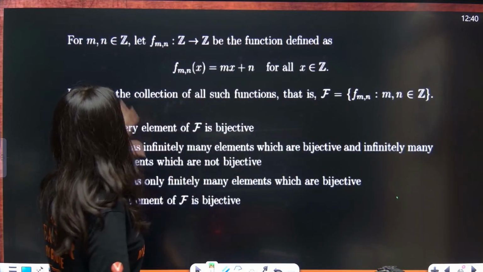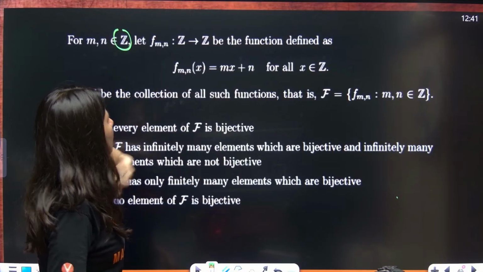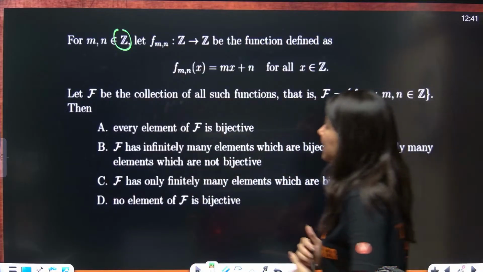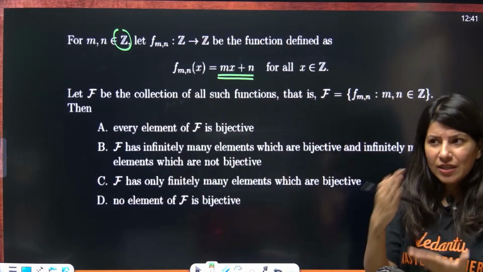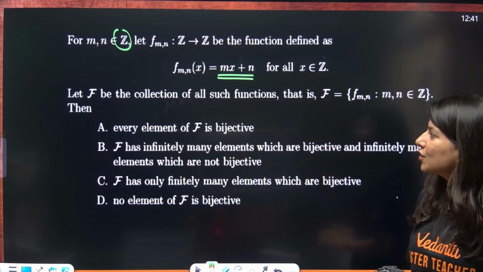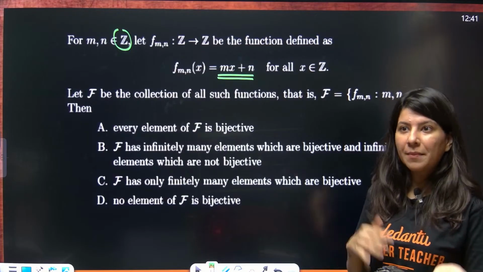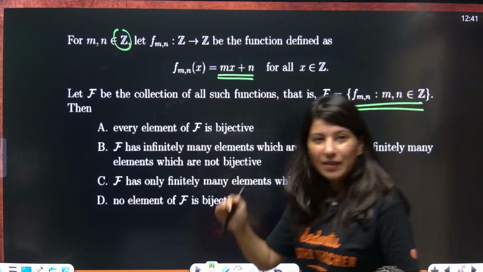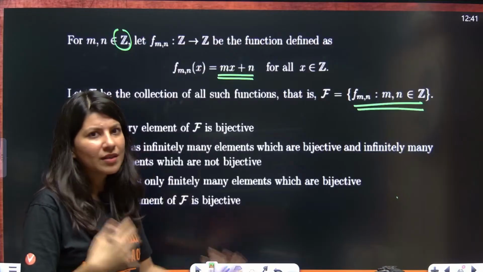Now this is a setup for m, n belongs to Z. What is Z? Z is the set of integers. There is this function mx plus n, for different integers m and n. For different values of m and n, they have collected all the functions. m can be 0, m can be minus 1, n can be 0, n can be minus 1.